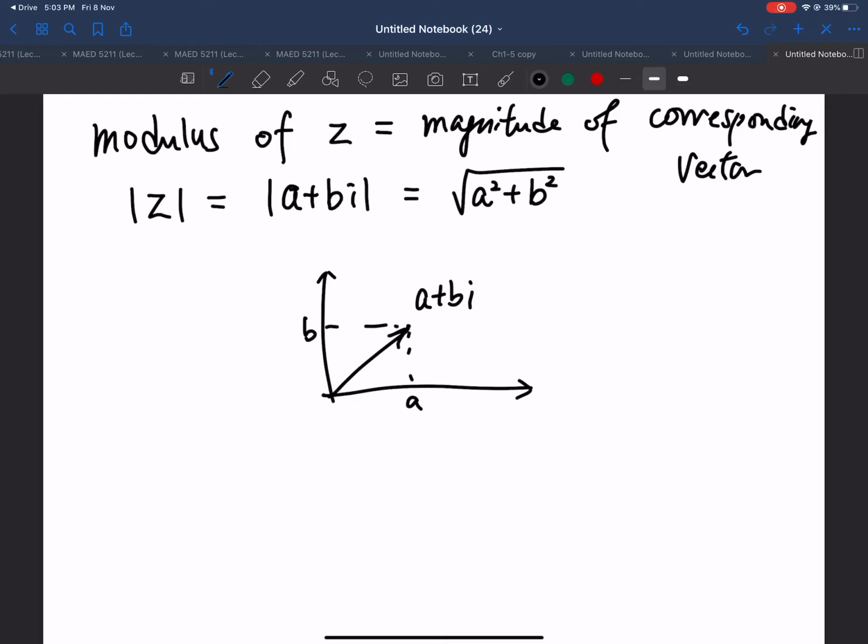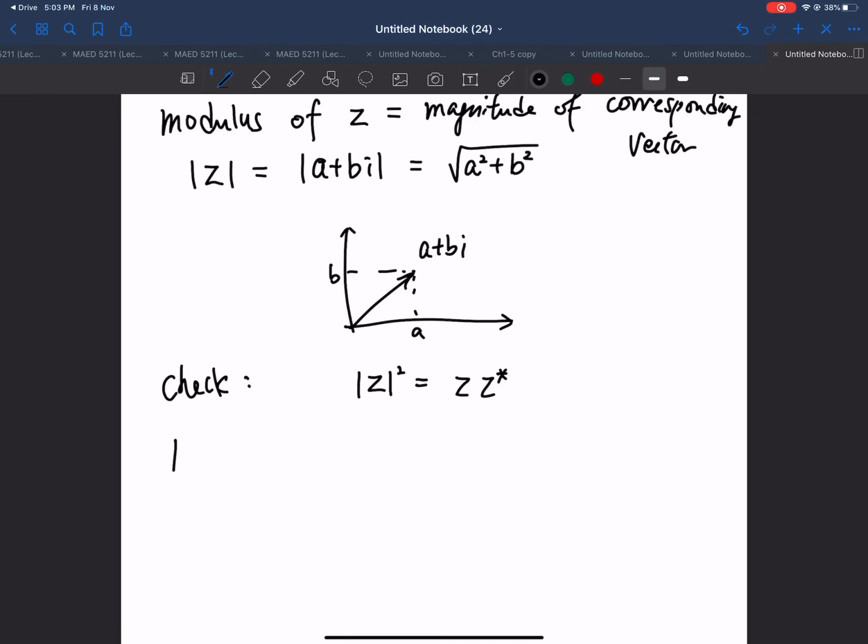You can check by yourself, because it is homework. The modulus squared is itself times its complex conjugate. You try by yourself and check it.